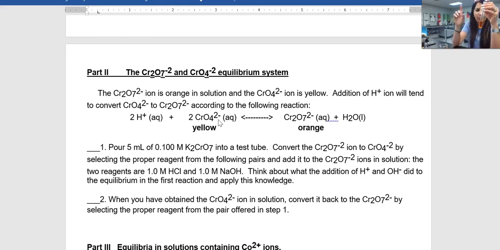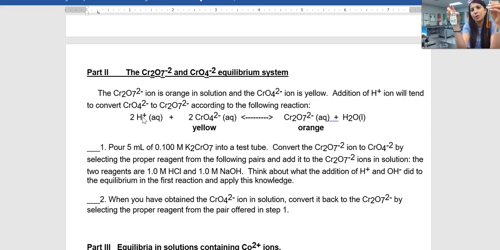Before we even do it, I want you to just think about this. If this breaks up and I add H+, then I'm essentially adding this, which is on the reactant side. What do you think will happen if I add H+ to it? If I add NaOH, people will say nothing happens.